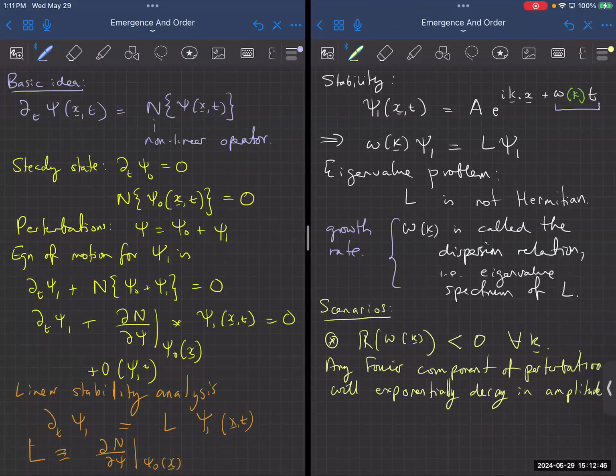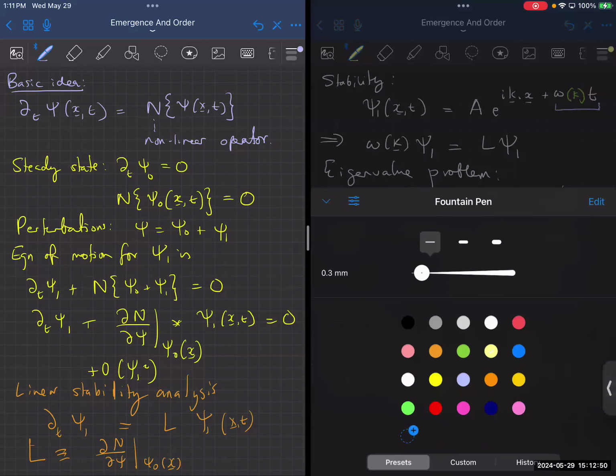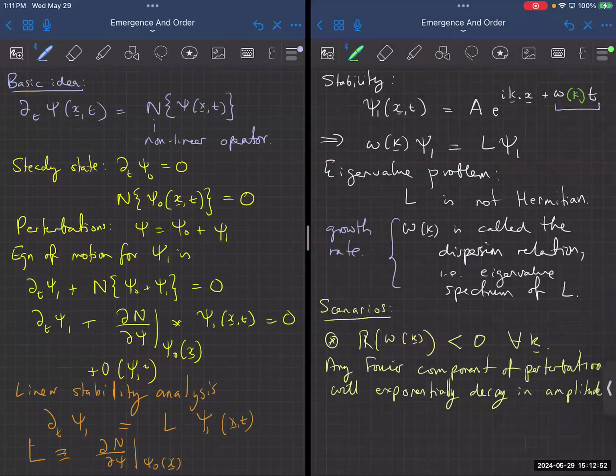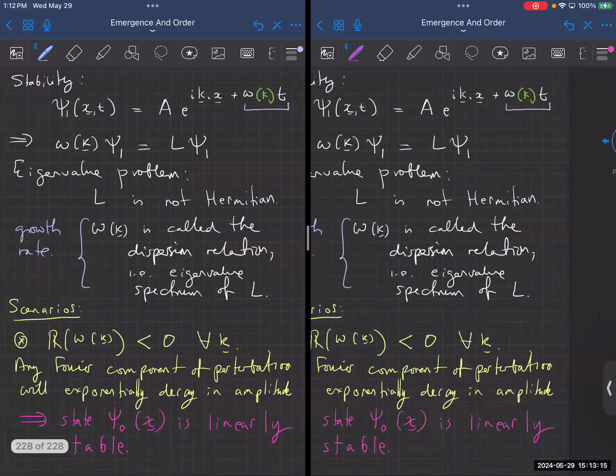And so if that is true, then we say, let's use a different color, that means that we say that the state we are perturbing about, which in this case is the state that we called psi naught of x, is linearly stable.